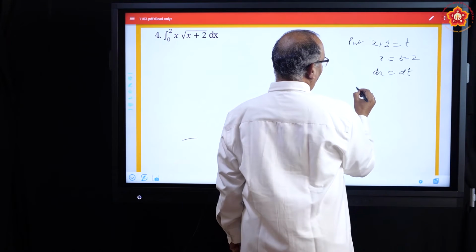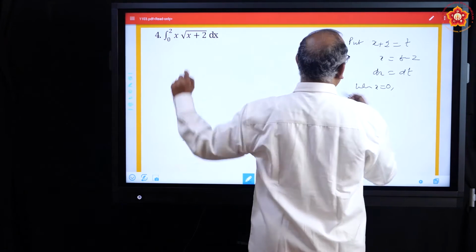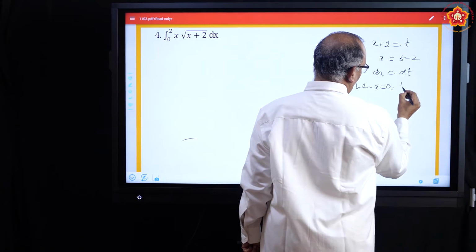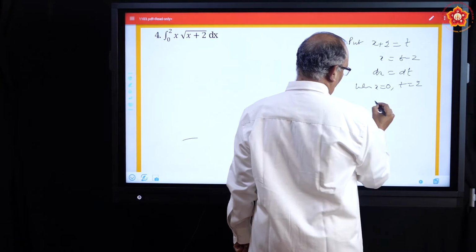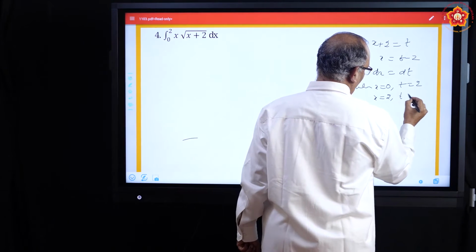Limits. When x is 0, when you substitute x equal to 0, you get t equal to 2. When we substitute x equal to 2, you are going to get t equal to 4.